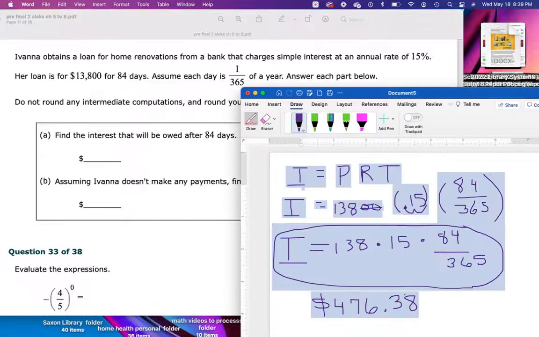Okay, which means that she's going to owe her original principal added to the interest.